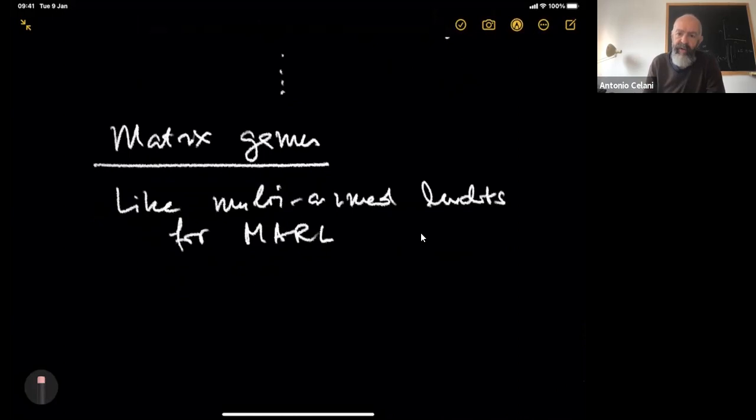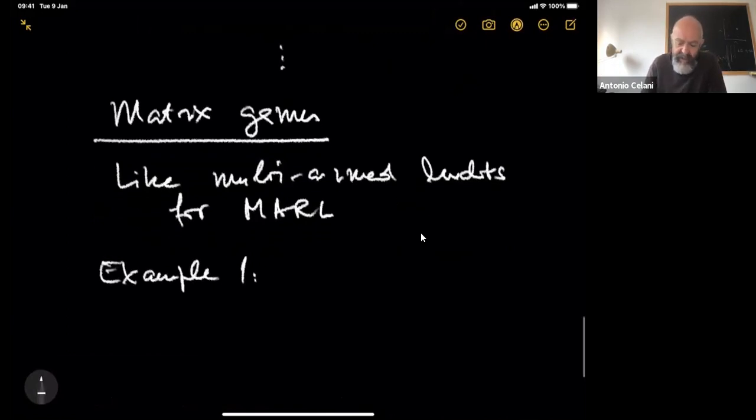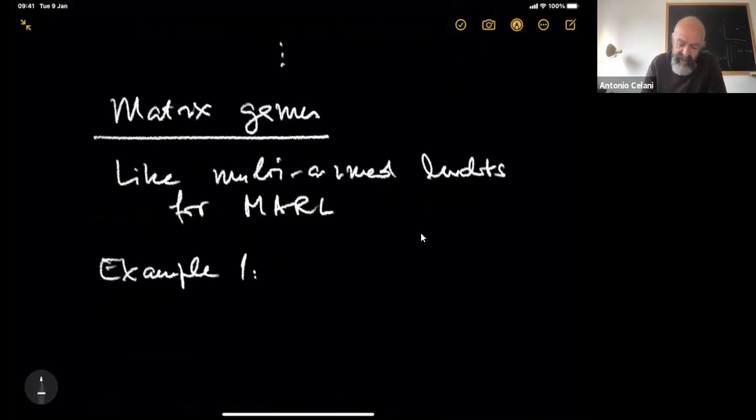But let's start with a couple of examples to fix the ideas. So first example, very simple. This is what you might be familiar with as the odd-even game.